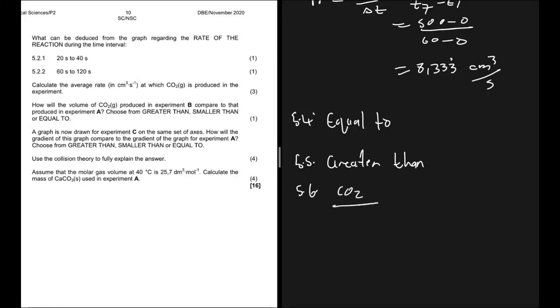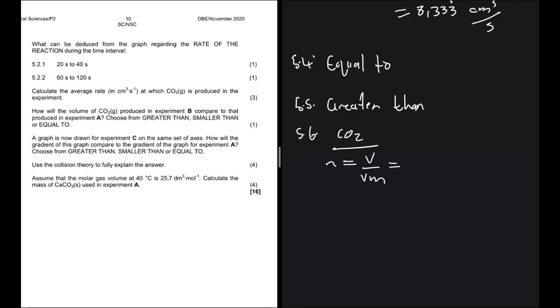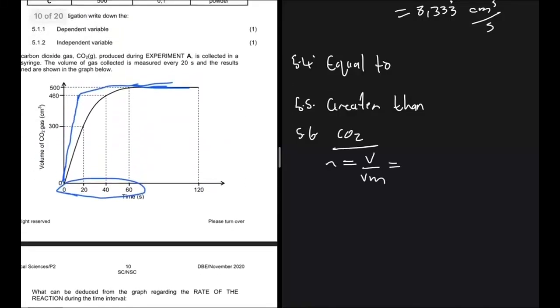So if we determine the number of moles of CO2, then we will use the balancing coefficients to determine the number of moles of calcium carbonate and ultimately calculate the mass, right? So we can say the number of moles of CO2 is equal to the volume divided by the molar gas volume. So what is the volume of CO2? Let's check. It's 500 centimeter cube, right?